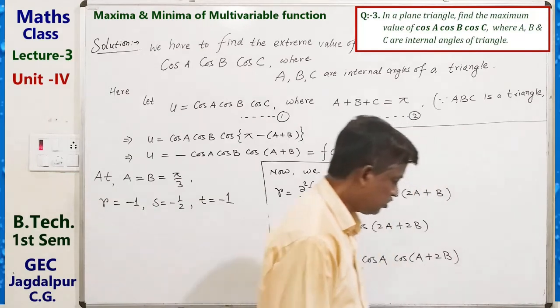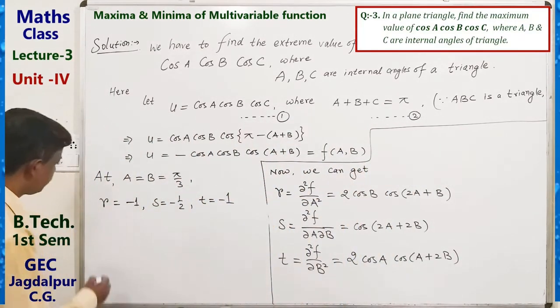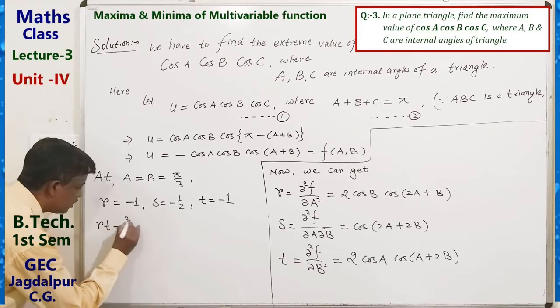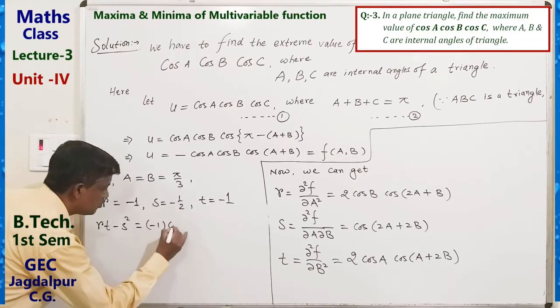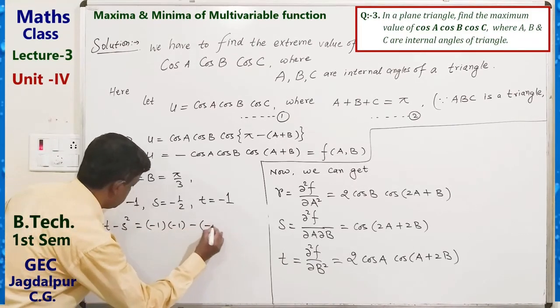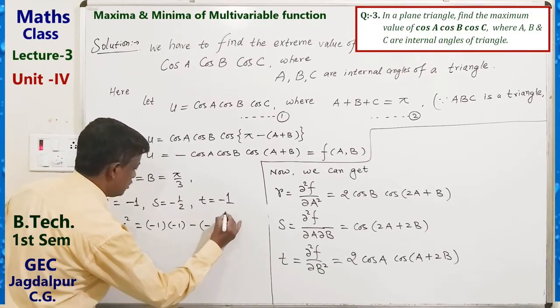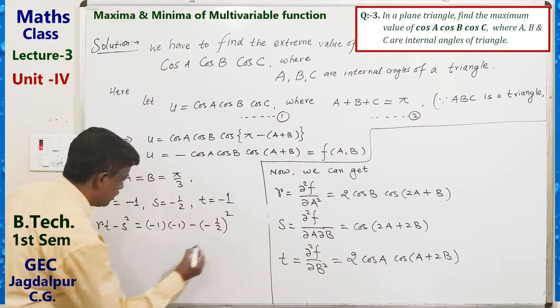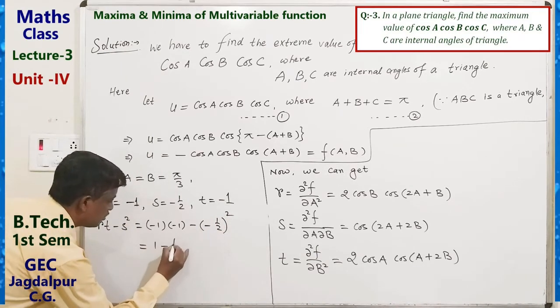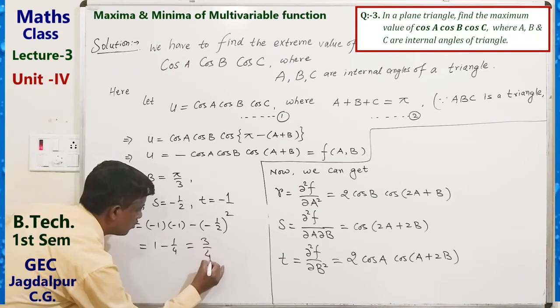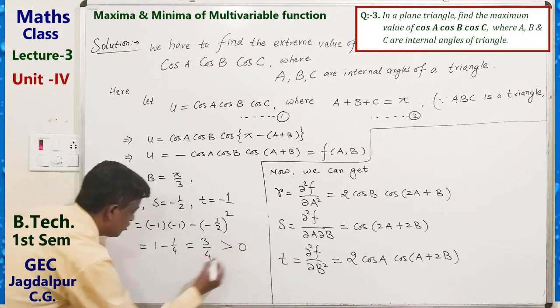RT minus S square equals minus 1 into minus 1 minus (minus 1 by 2) whole square. So 1 minus 1 by 4 equals 3 by 4, greater than 0.